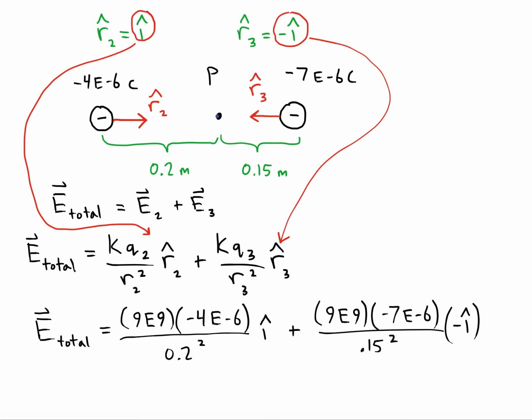Remember that we want our field due to Q2 to point to the left, and we want our field due to Q3 to point to the right. Let's see if the mathematical approach here works itself out so that that's the case.